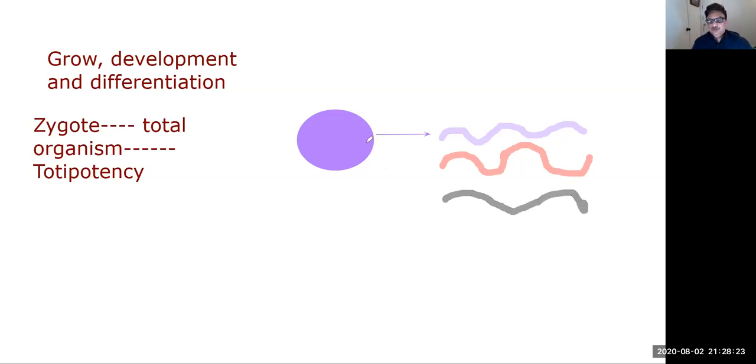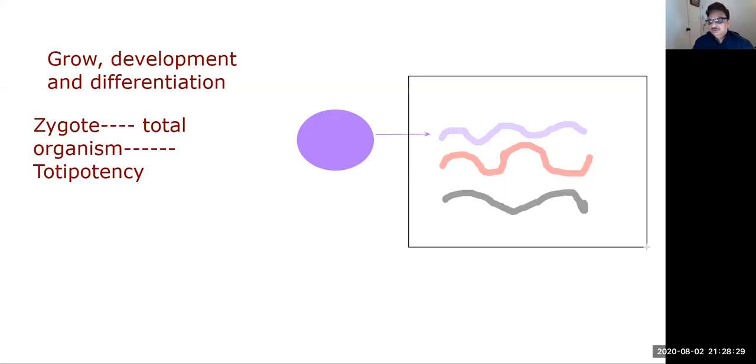So this zygote develops into 3 layers, right? These 3 layers of cells. Now each layer has its own name depending upon the location. So for example, the outer layer is called ectoderm.